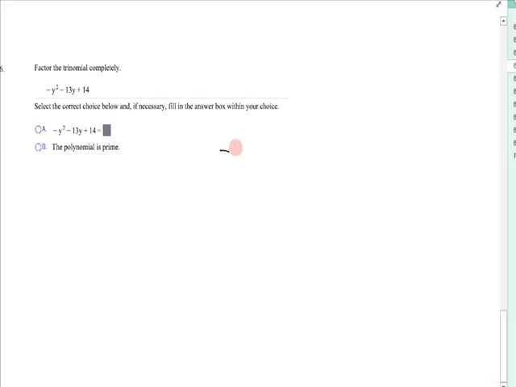I have negative y squared minus 13y plus 14. Is there a common factor? I hope that immediately you saw this leading term that was negative. And you said, oh yes, I have to factor out a negative common factor.